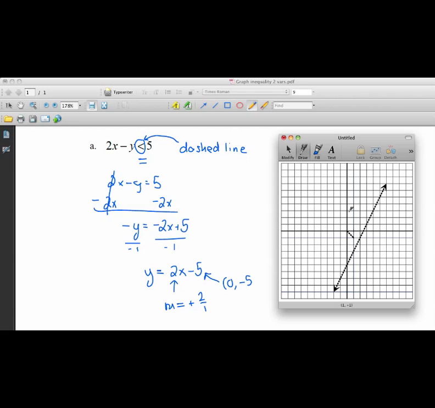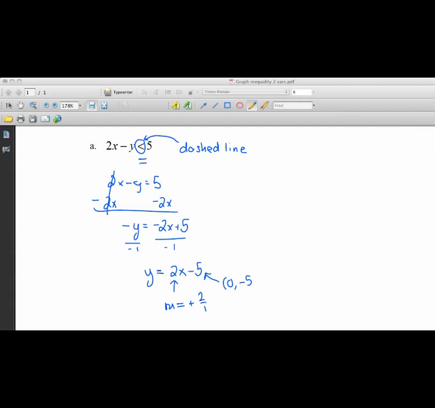Let's pick the test point 0, 0, since when your line doesn't pass through the origin, that's usually the easiest point to use. You can pick any point that's not on the line, but 0, 0 is especially easy to do computations with. Okay, so I'm going to move this and come back to the computations now.